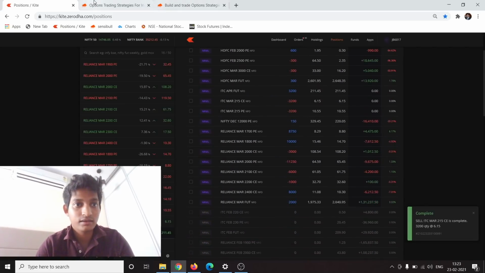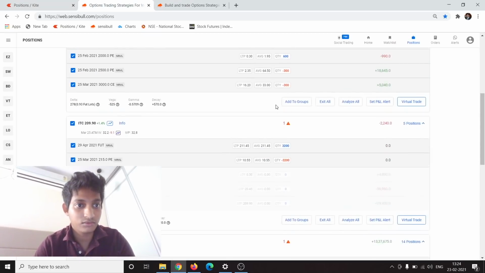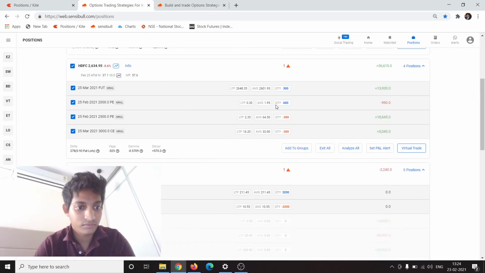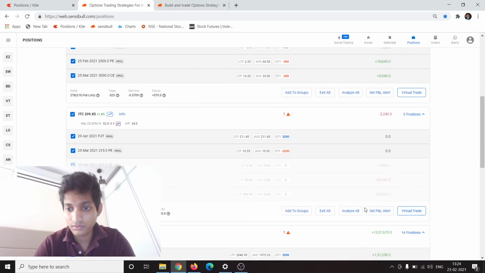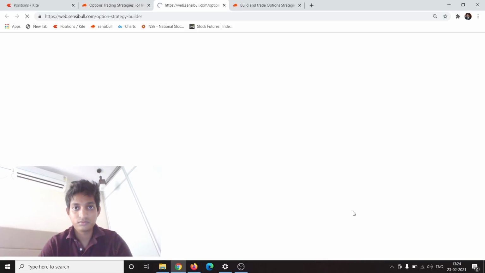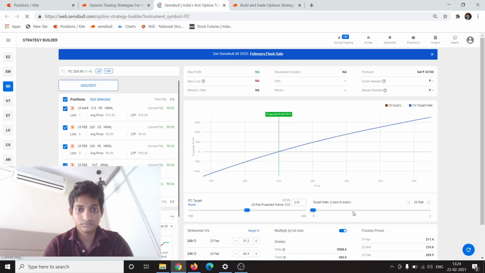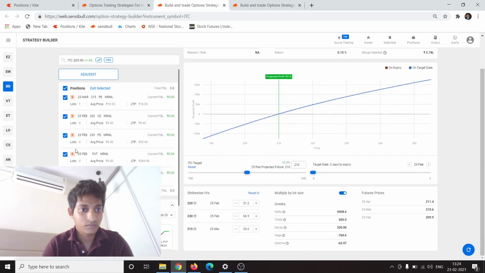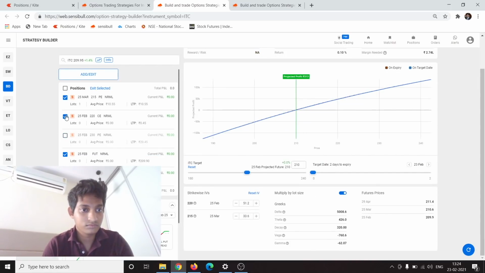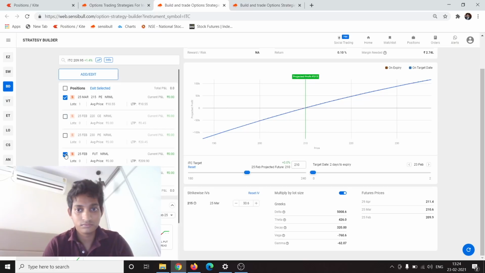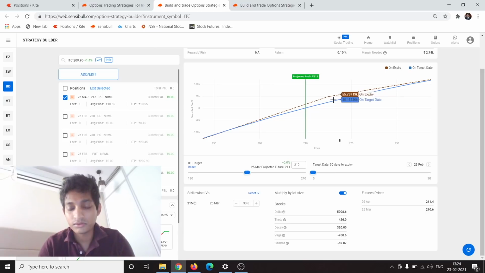Okay, so let us see how this ITC position looks like now. Right, so we continue to remain bullish on ITC, right?